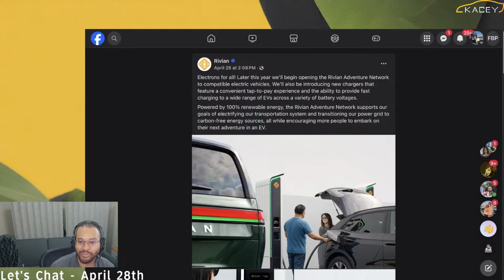We will begin introducing new chargers that feature a convenient tap to pay experience, and the ability to provide fast charging to a wide variety of EVs across a variety of battery voltages. Powered 100% by renewable energy, the Rivian Adventure Network supports our goals of electrifying the transportation system and transitioning our power grid to carbon-free energy sources, all while encouraging more people to embark on their next adventure in an EV.